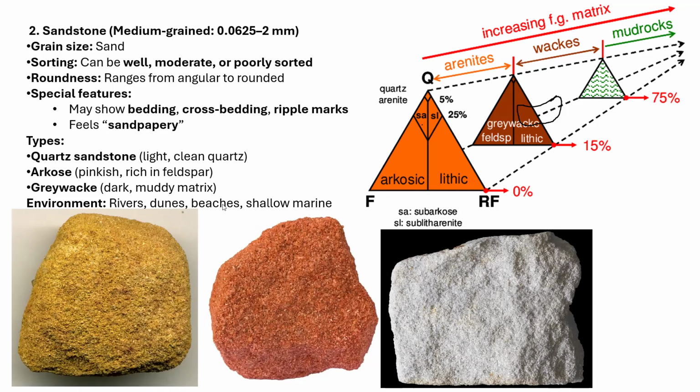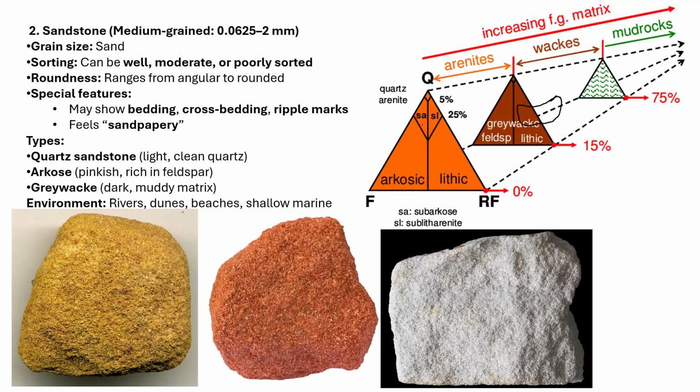But like I said, with sandstone, can you see with your naked eye that these are sand? Even if you were to zoom in with your hand lens, you can see sand particles. So you now know that you're dealing with a sandstone. You can see these are sand particles, and with the feel, you can tell that this is rough and sandpapery.